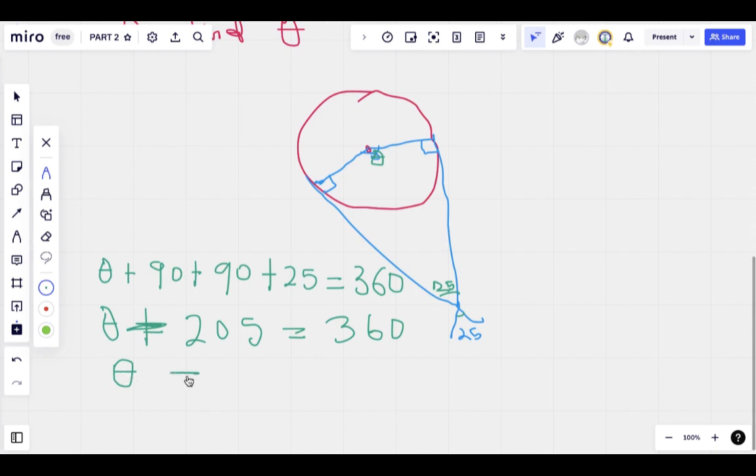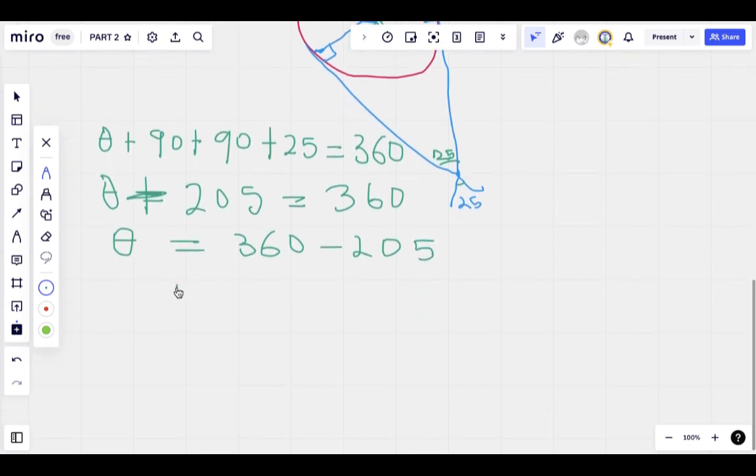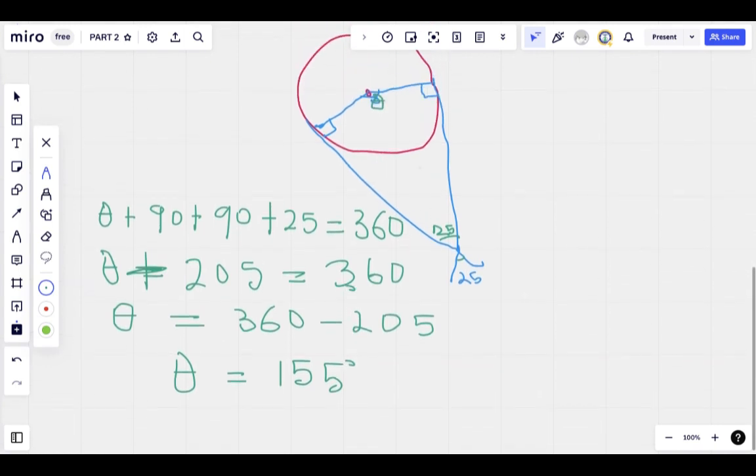You move this 205 to the other side, or you subtract 205 from both sides. Will be 360 degree minus 205. So angle theta will become 155 degree. So that's it. You found it, okay?